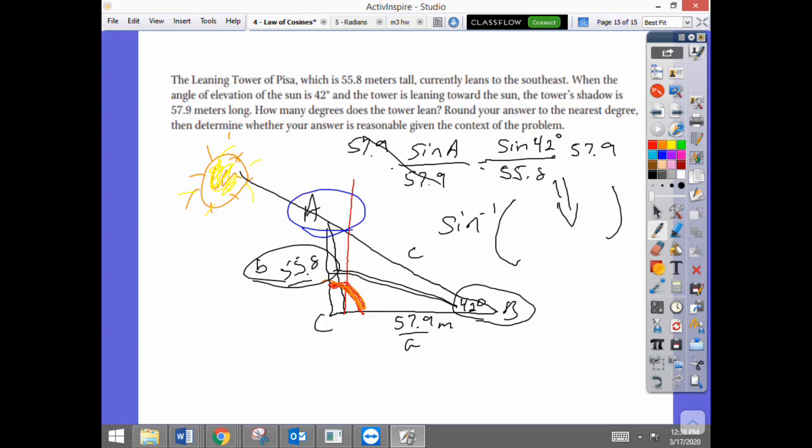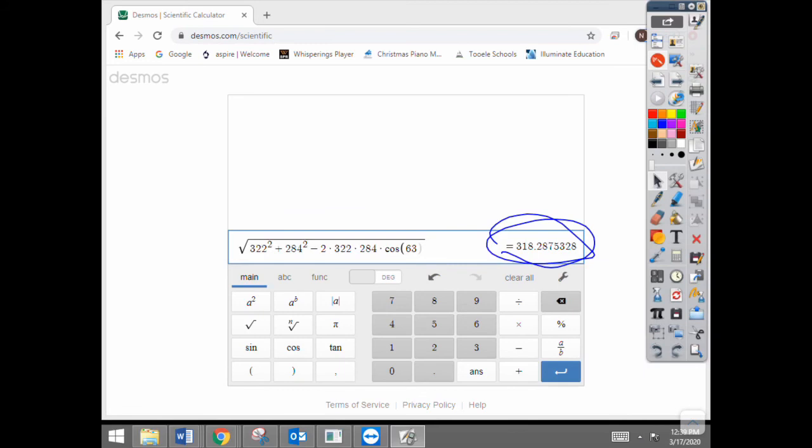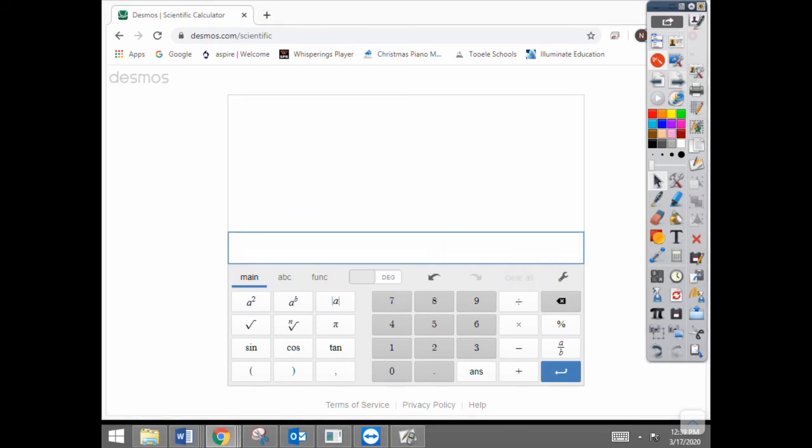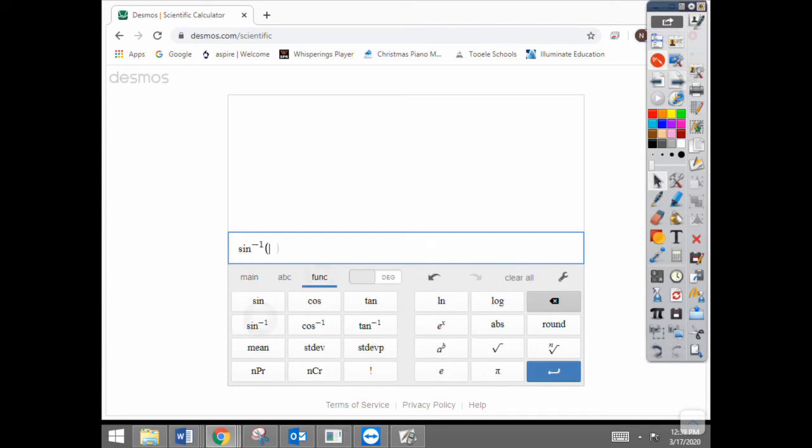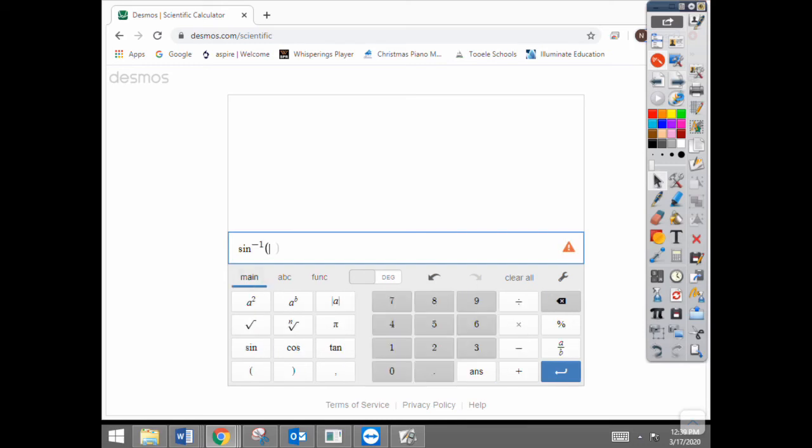So I'm going to go to my calculator. Clear all. I'm going to go into function again and get inverse sine. Go back to main, get my thing here. Say the sine of 42 divided by 55.8.